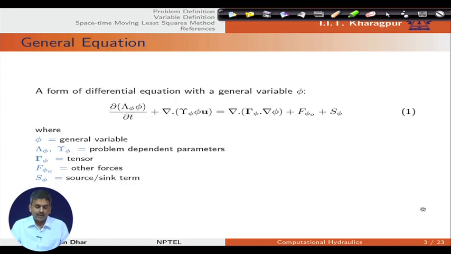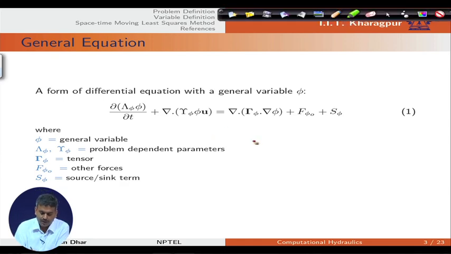So, let us consider our general form equation. We already know that we have a general variable phi, which is a function of x, y, z and t in our physical system, where x, y, z are the three space dimensions and t is the time dimension.